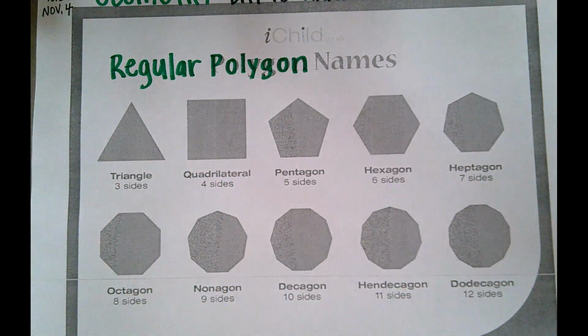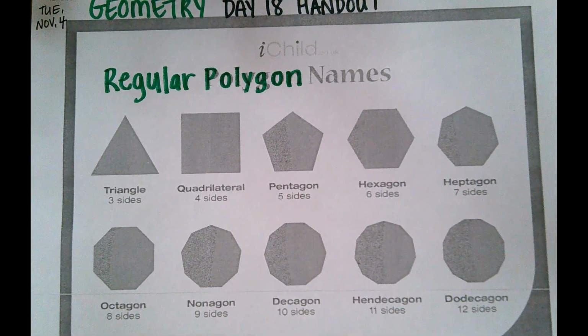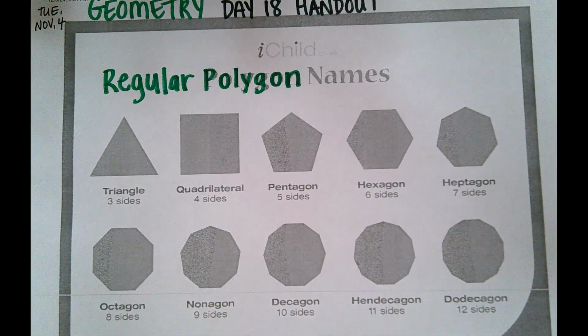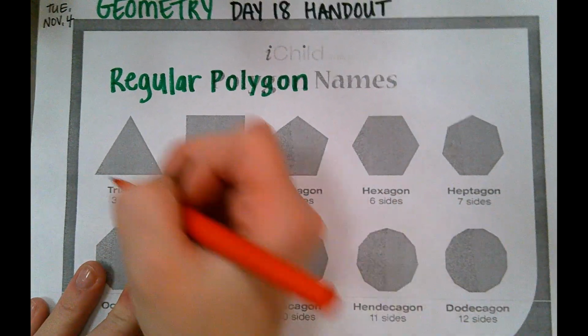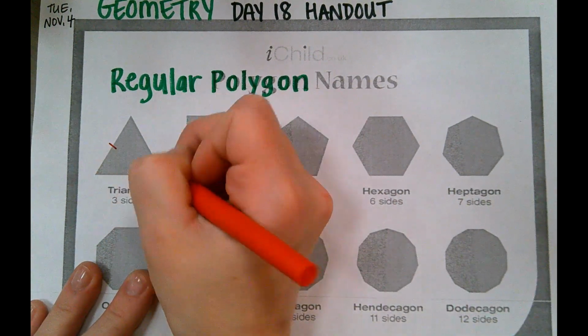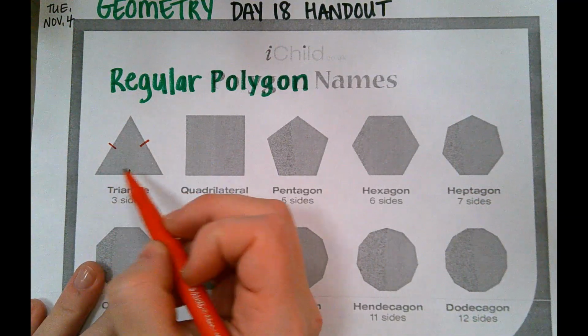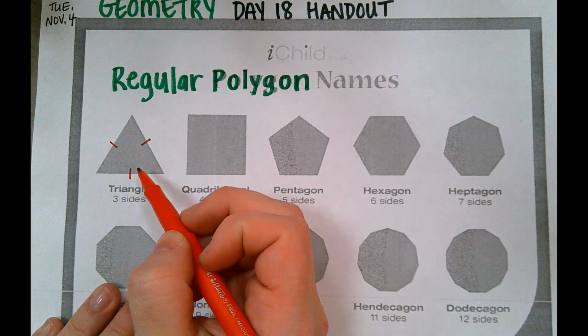R-E-G-U-L-A-R, regular polygon. To mark that these are regular polygons, we put a tick mark on each of the sides. Triangles, 3 sides, all sides are the same.